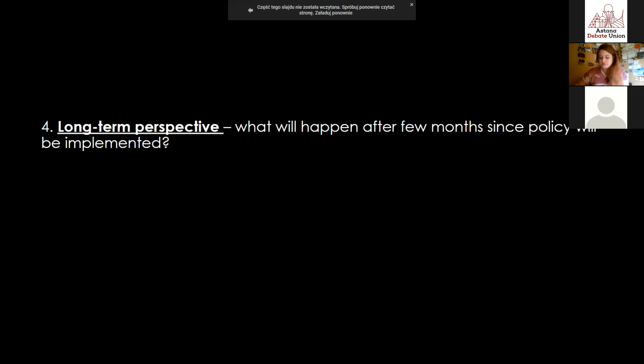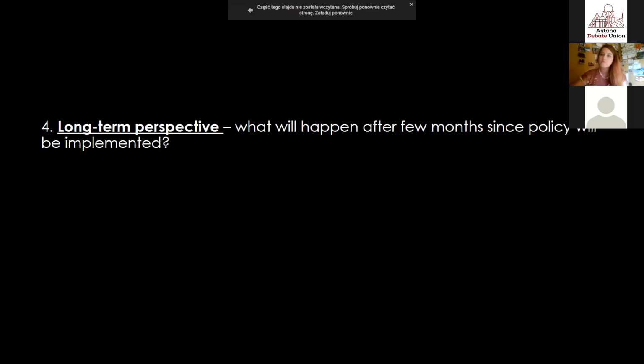Of course the first 3 or 5 years will be problematic in implementing this policy, yes. But after 5 years, with the new generation, it will probably be something normal, right? So there will not be that strong a backlash. So I think it's important to analyze how in the long term the policy will be enacted, how people will be reacting, and then make the balance of things. So I think this is also extremely important.